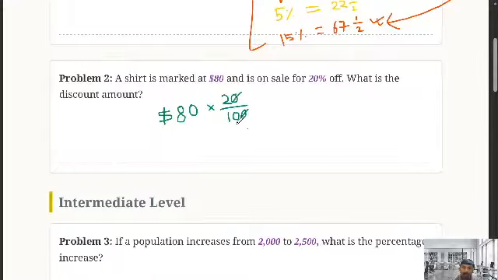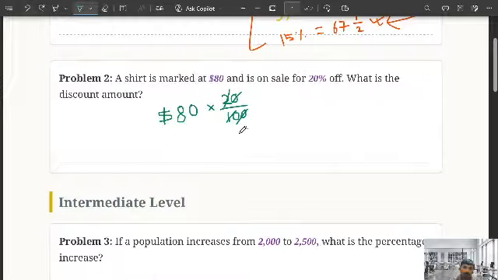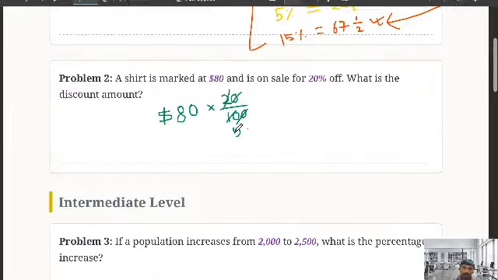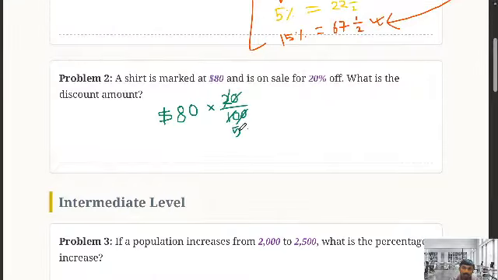20% means 20 divided by 100. If we eliminate, 2 times 5 is 10, so 5, and then 5 times 16, that is 80. So this is $16. What is the discount amount?